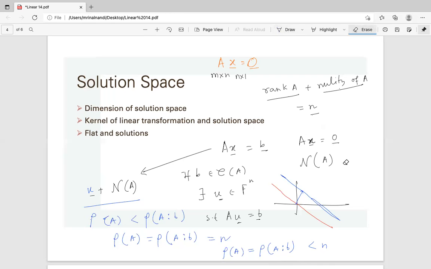This result we actually know from school, but the proof is here. The proof is not tough. It is really trivial once you have the idea of nullity and rank.